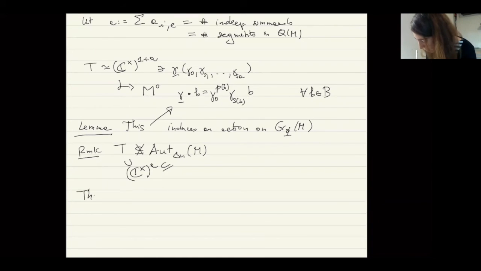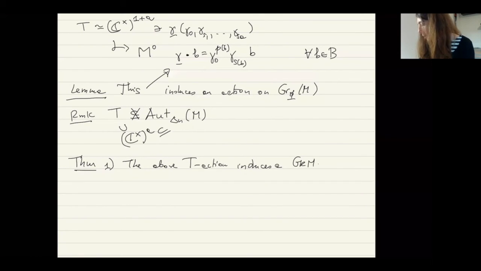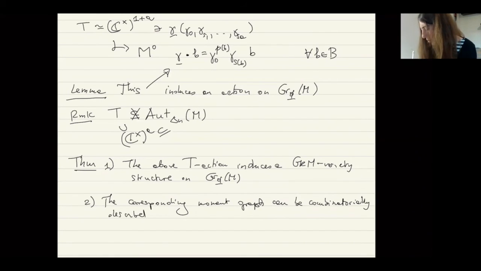Okay, so the theorem is what you expect at this point: as soon as d and e are such that the corresponding quiver Grassmannian is non-empty, I'm not going to write it, that's just the variety you want to deal with, the above T action induces a GKM variety structure on Gr_e(M), and then the corresponding moment graph can be combinatorially described in terms of Q_M.